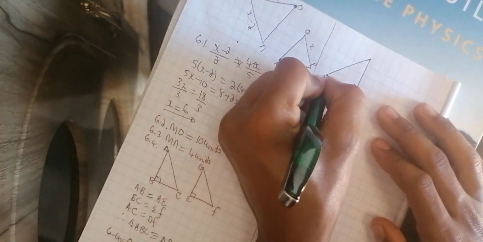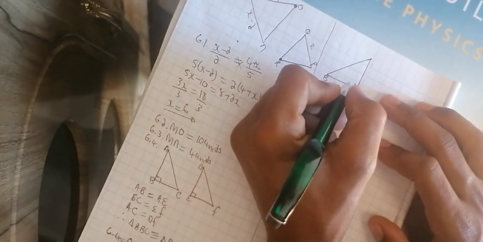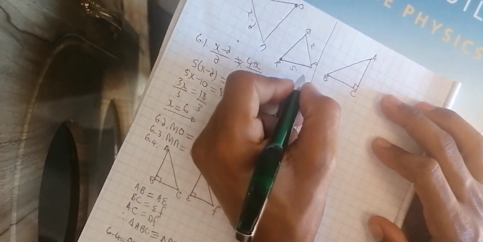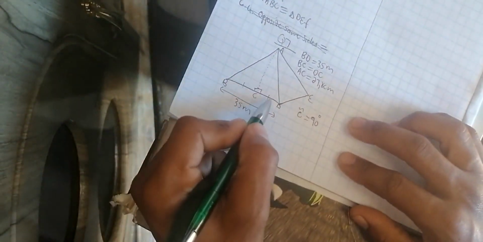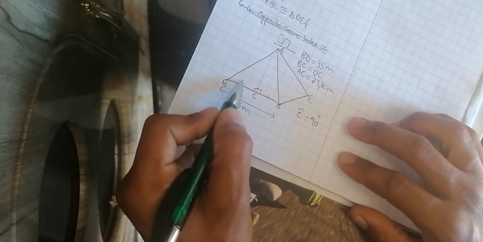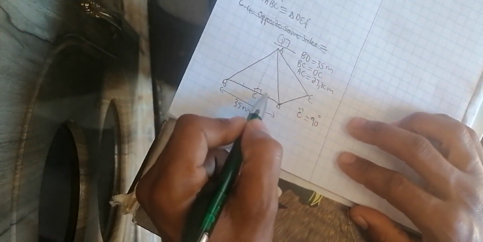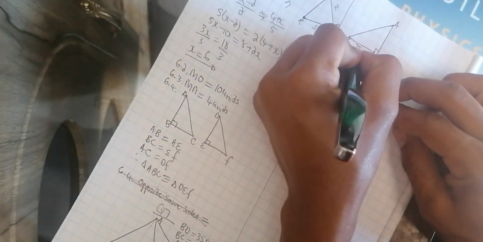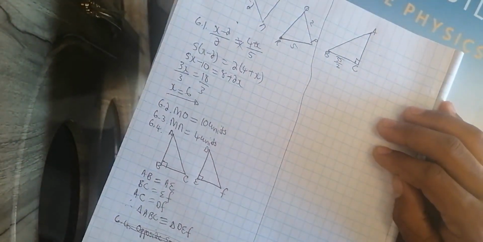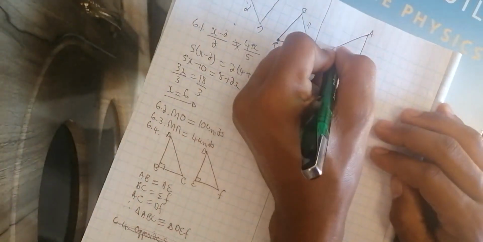Good. And say B, C, A. And if this side is equal to that side, therefore this side is 35 divided by 2. So I have 35 divided by 2 there. Right, that's fine. I'm looking for angle B.